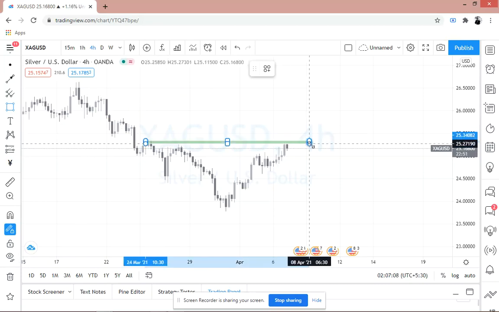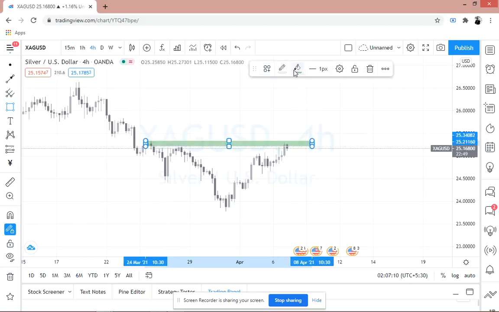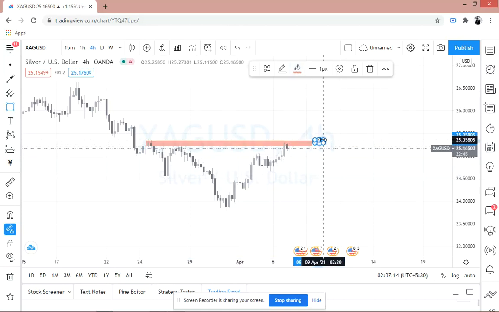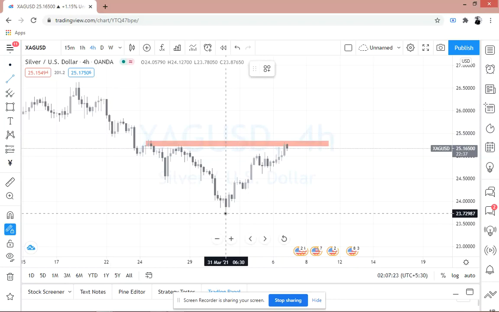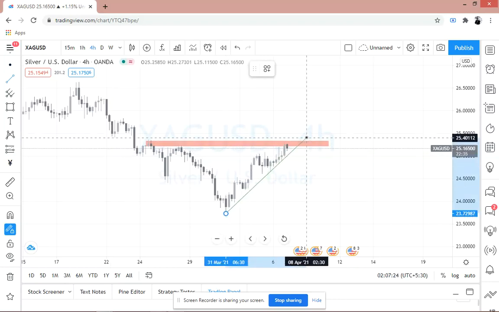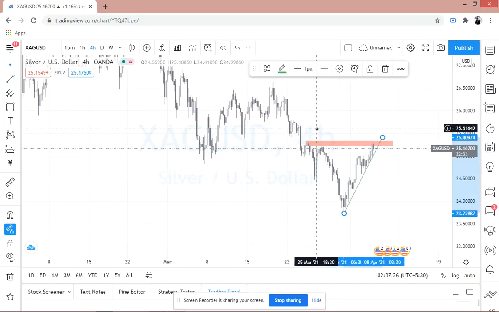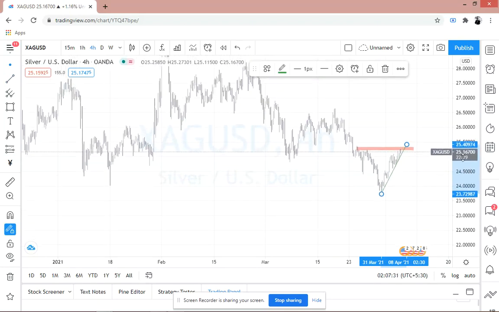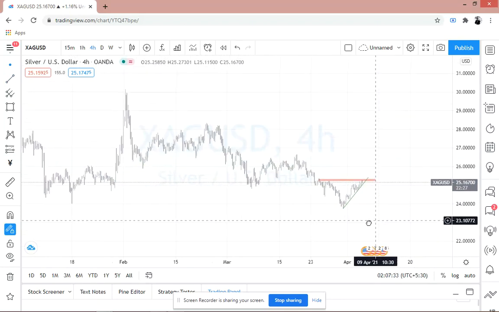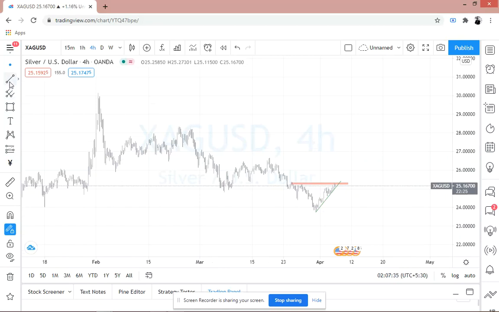So here we have resistance. Then we have the bias at this area. So according to the trend, I think we should better go with the sellers as well on silver.